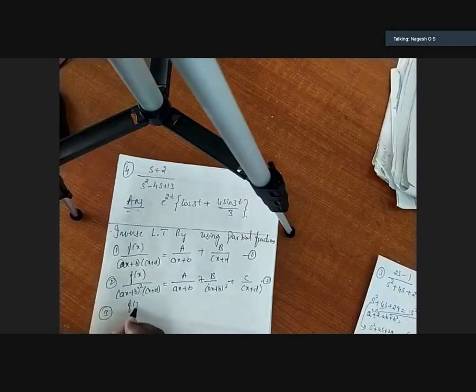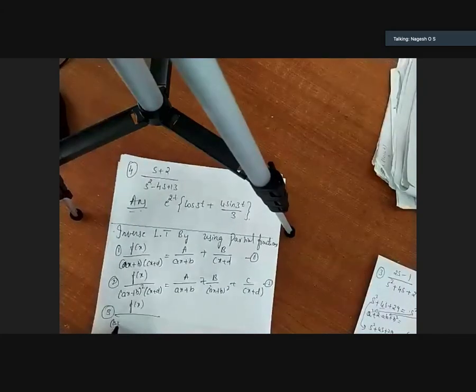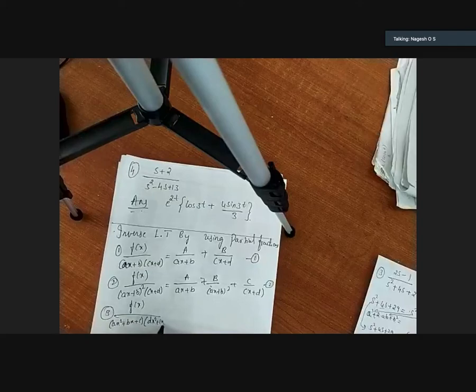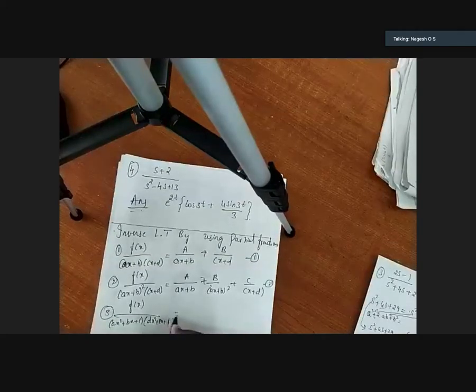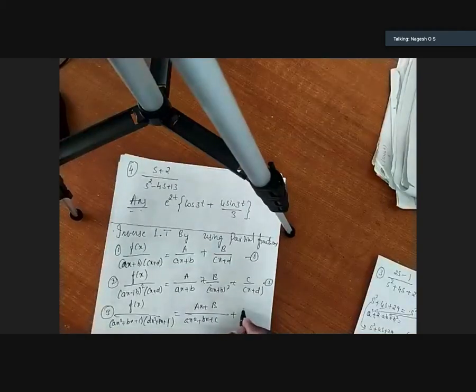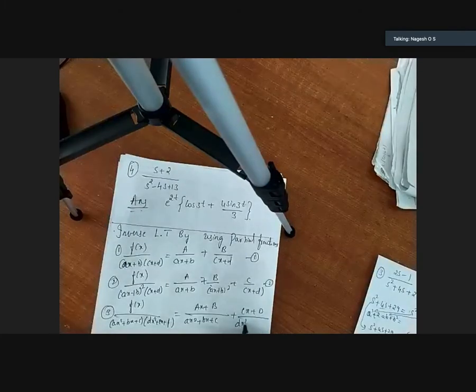Third one, f of x divided by (ax square plus bx plus c) into (dx square plus ex plus f) is equal to (Ax plus B) divided by (ax square plus bx plus c) plus (Cx plus D) divided by (dx square plus ex plus f).